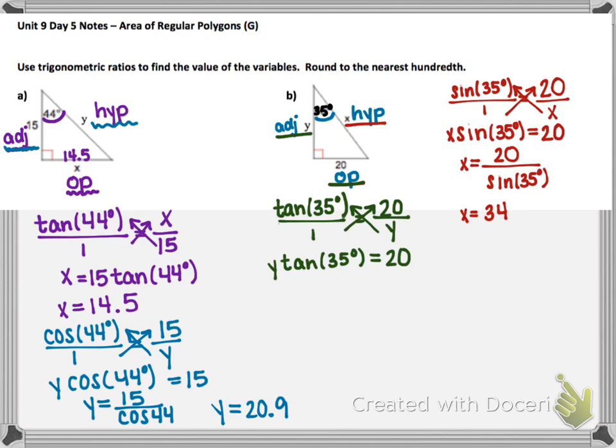Since y and the tangent of 35 are being multiplied, I need to divide by the tangent of 35 to get y by itself. So y will equal 20 divided by the tangent of 35. And we'll pop it in our calculator, and we'll end up with 27.5.